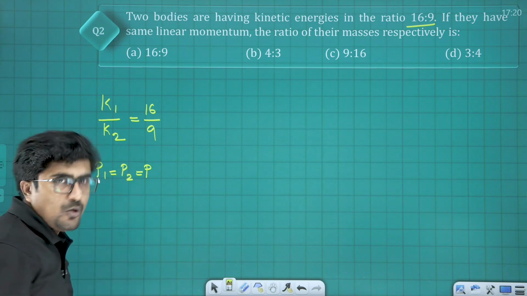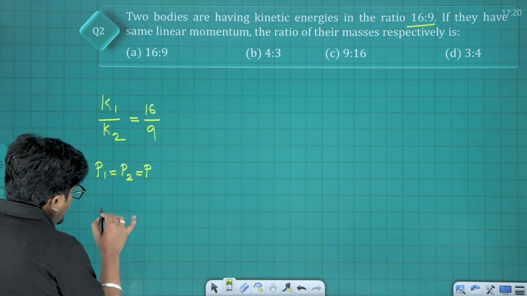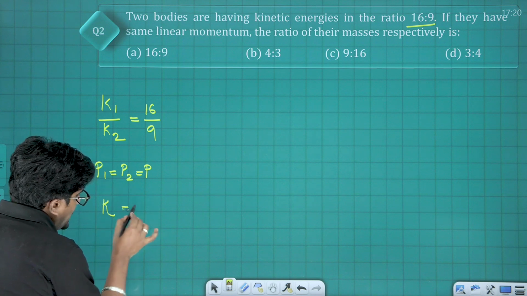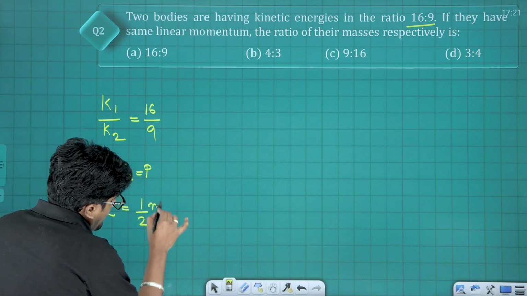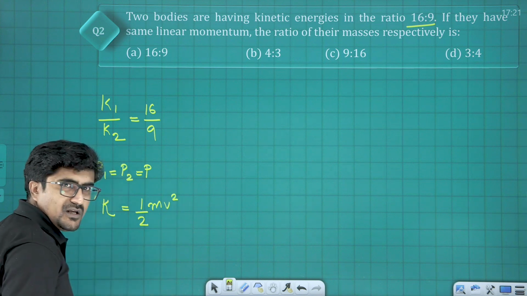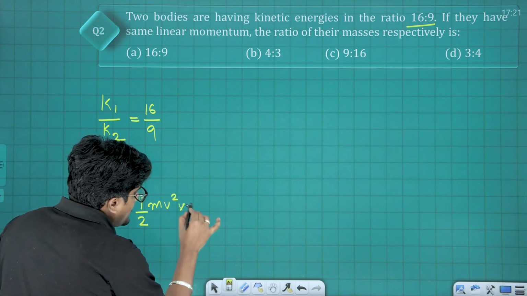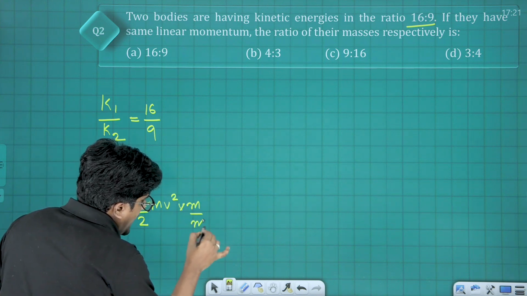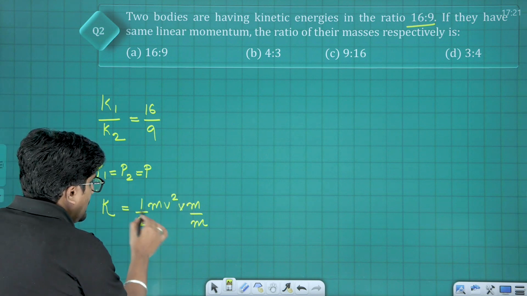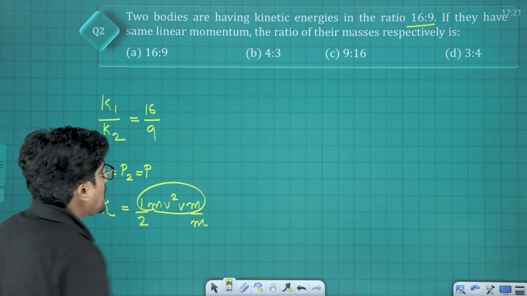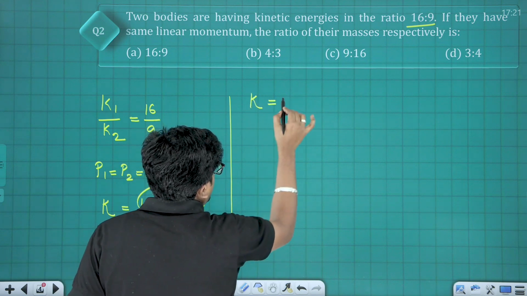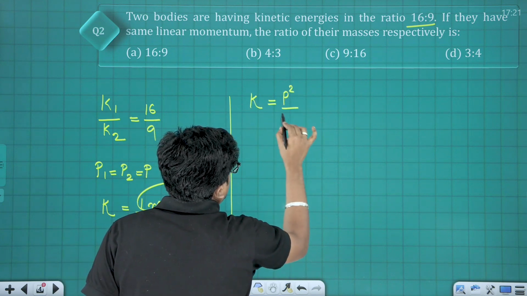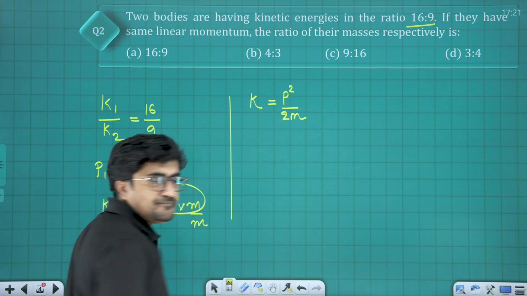Now, the general expression for kinetic energy is half m v square. If I multiply this term with m and divide with m, this is going to be p square by 2m. Which means the general expression for kinetic energy can also be written as p square divided by 2m.